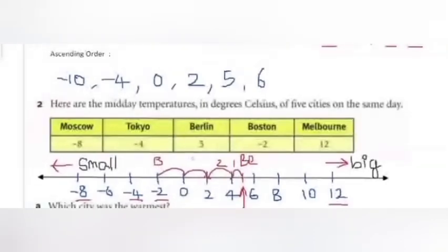This is 2 units and this is 2 units. So totally 2 plus 2 is 4, 4 plus 2 is 8, 8 plus 1 is 9. So the difference in the temperature from Berlin to Boston is 9 degrees C. You understand? So this is how you can identify the answers.